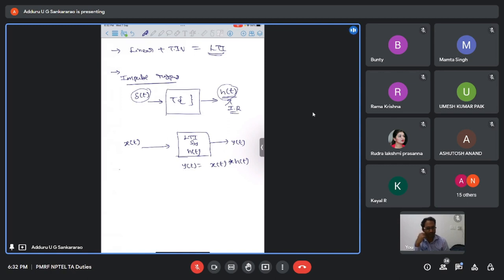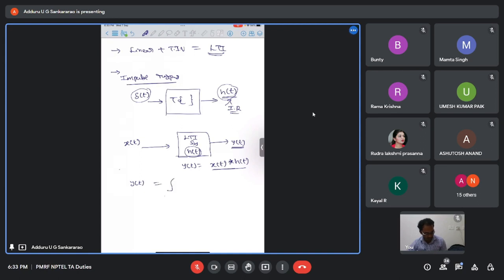So generally any LTI system we represent in terms of impulse response, which is sufficient to explain the behavior of the entire system. Suppose for an LTI system with impulse response h of t, we give some arbitrary input x of t, then the output y of t is given by the convolution of input and impulse response. How to define this convolution?